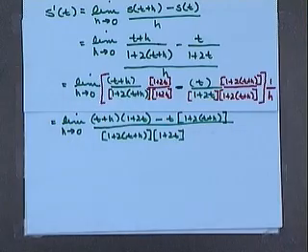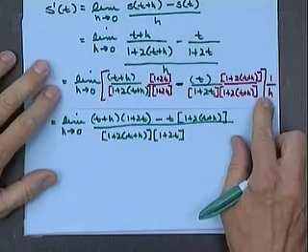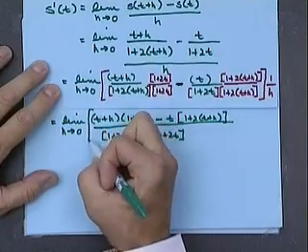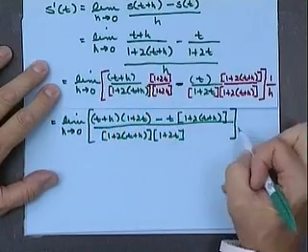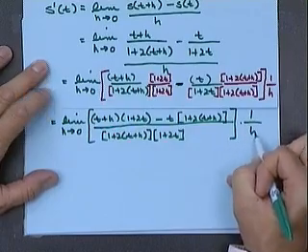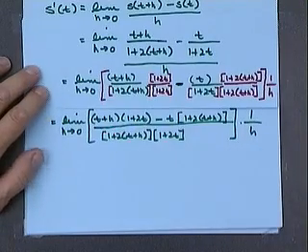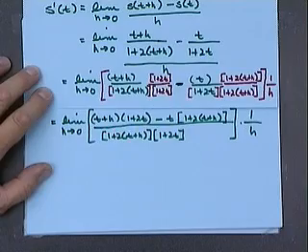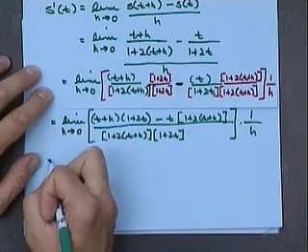So that's why we did that, to put those two fractions together into a single fraction. And it all is divided by h, which we already converted to multiplication by the reciprocal.